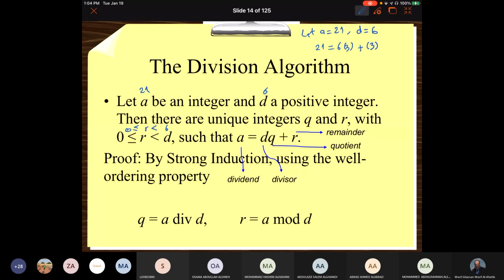So A is equal to DQ plus R, where Q is the quotient and R is the remainder. Now, A is called the dividend and D is the divisor.